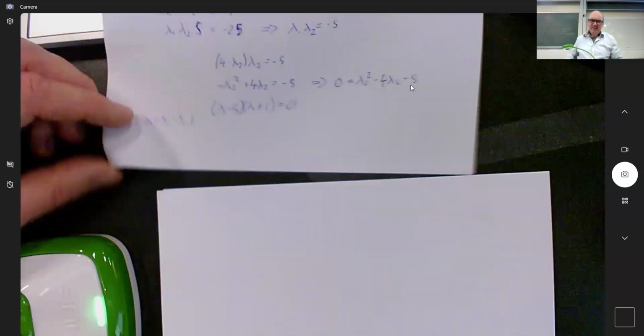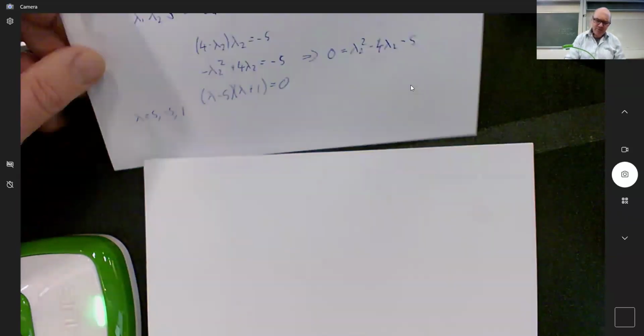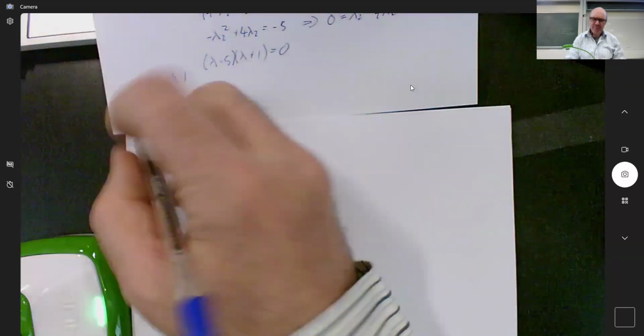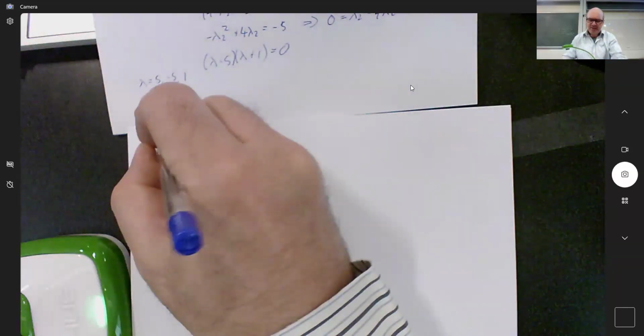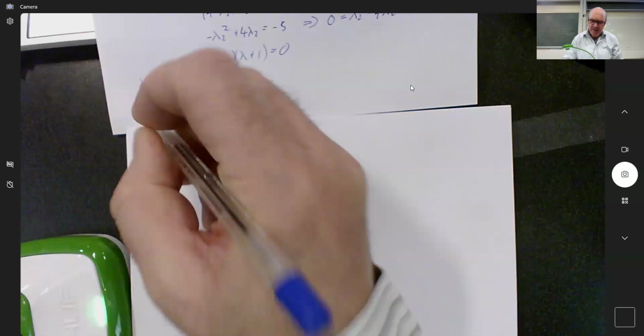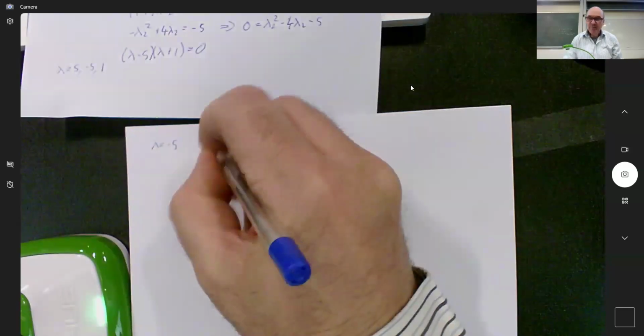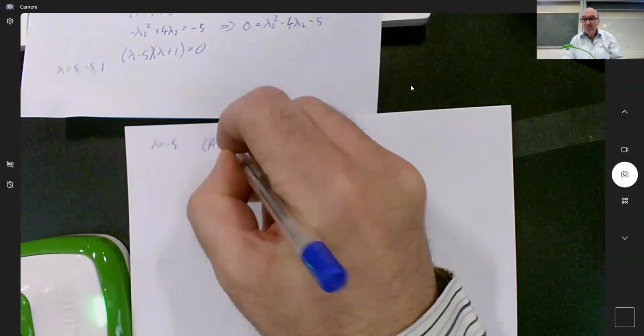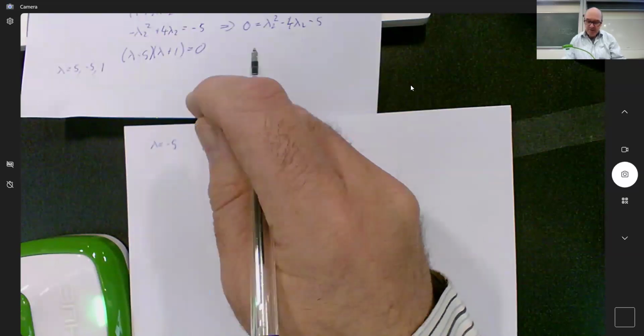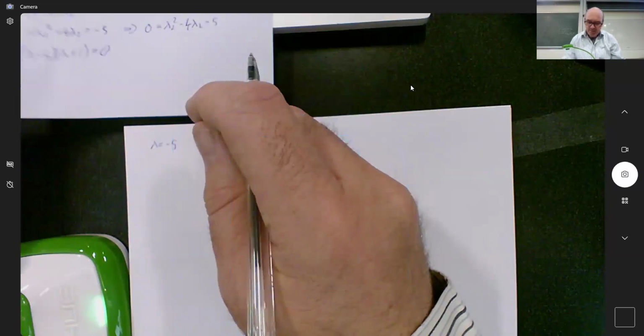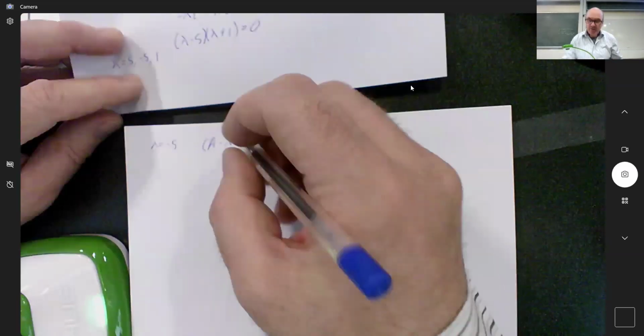Let's pretend for a second, shall we? This is saying that if I try lambda is equal to minus 5, if I go back up to my defining characteristic, A minus lambda I by v is equal to 0.